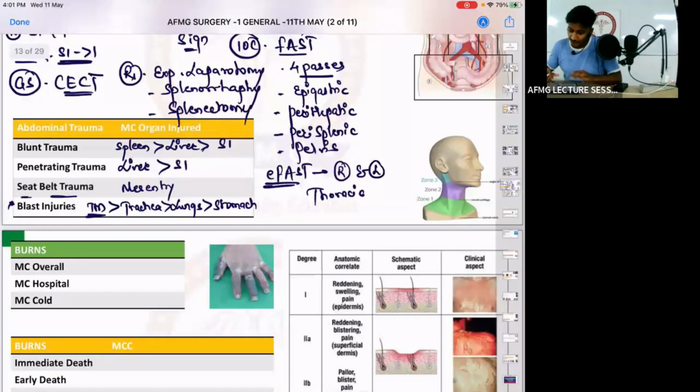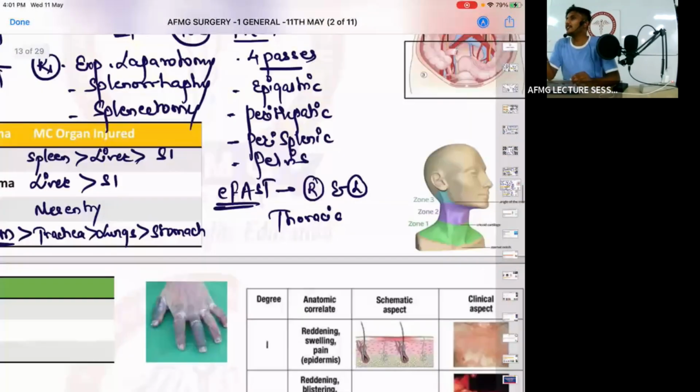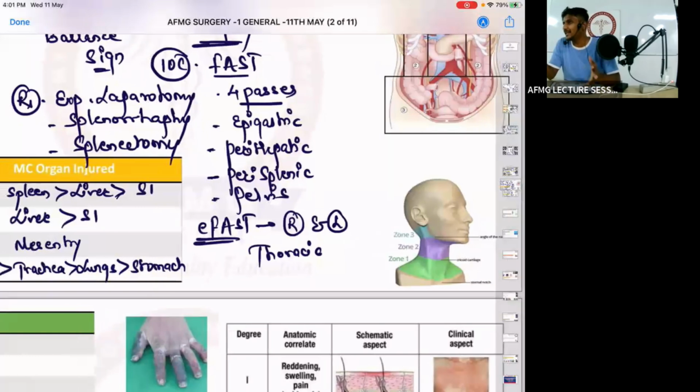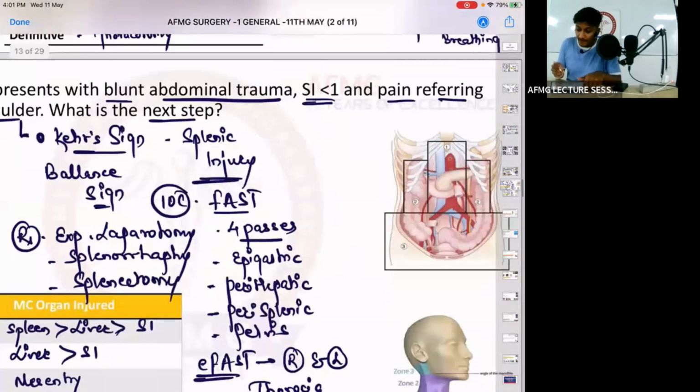Moving further. If there is a liver injury, what should be done? First of all, liver injury means there would be excessive bleeding, and therefore you need to perform a FAST first of all to diagnose. In FAST, if there is a positive FAST, with perihepatic accumulation of blood seen, then you will perform an exploratory laparotomy. And what is the maneuver performed? Anybody? Very good.